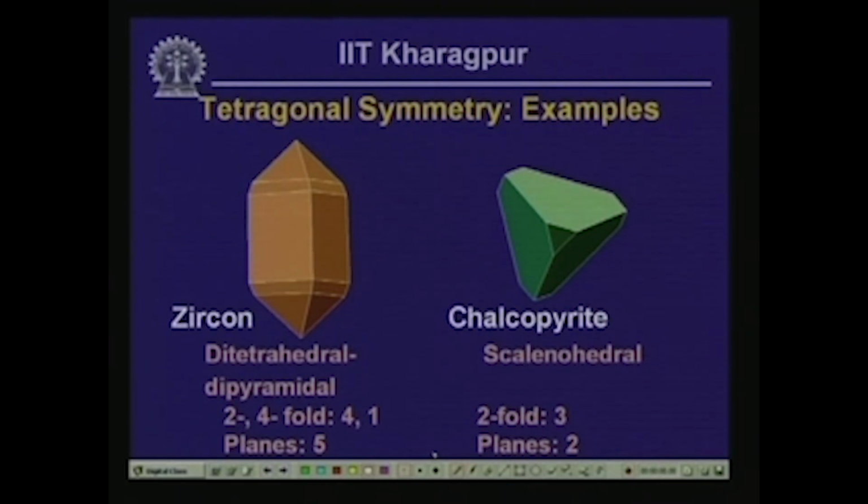Zircon has 4 two-fold symmetries and 1 four-fold symmetry. It has 5 planes of symmetry. On the other hand, chalcopyrite has 3 two-fold symmetries and 2 planes of symmetry.